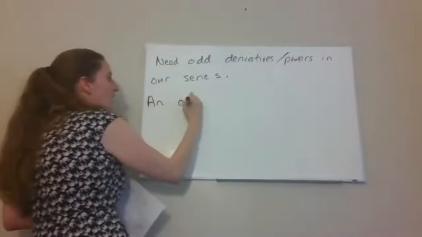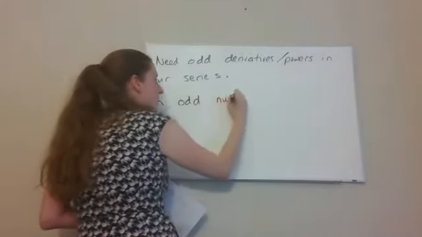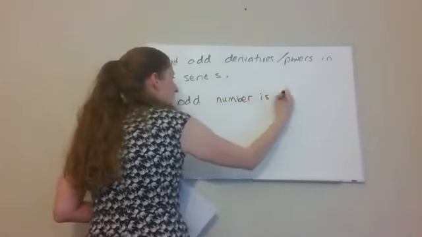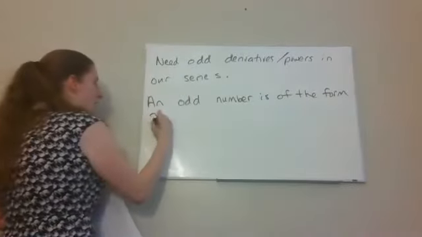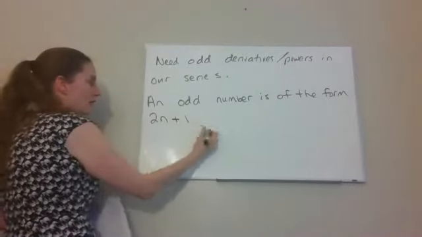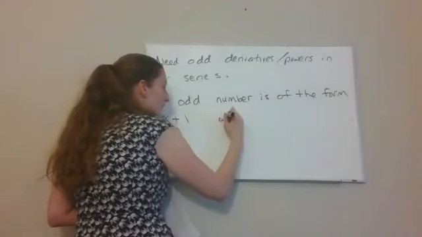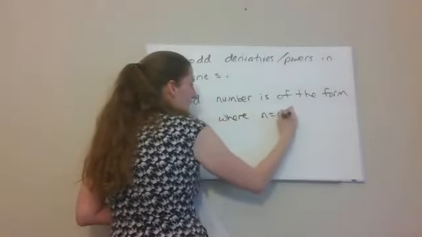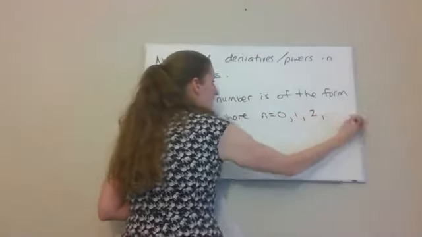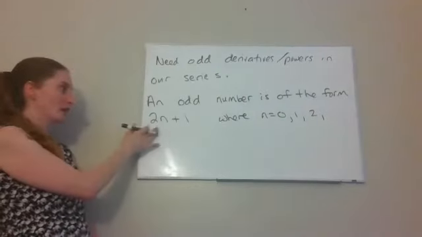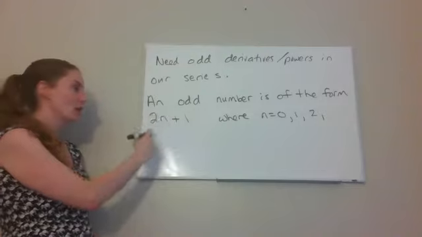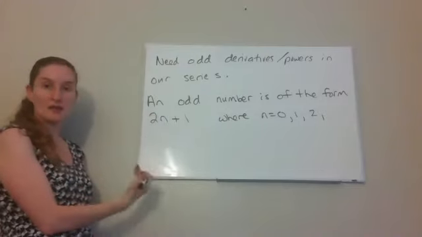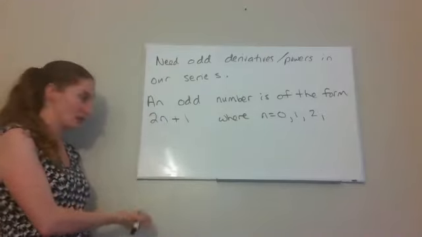And we know that a way to write an odd number is 2n plus 1, where n is 0, 1, 2, and so on. Because if I plug in 0, I get 1. If I plug in 1, I get 3. Plug in 2, I get 5, and so on. This will get me just my odd numbers.